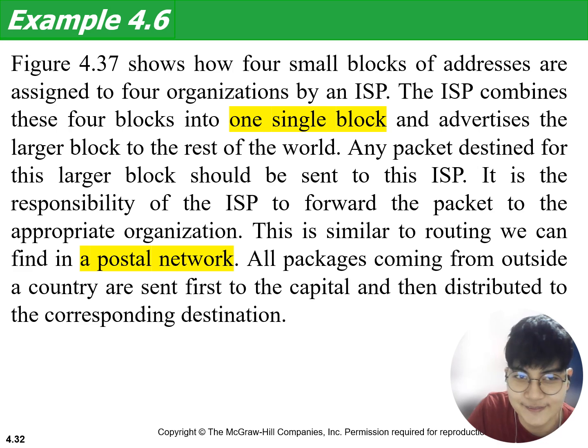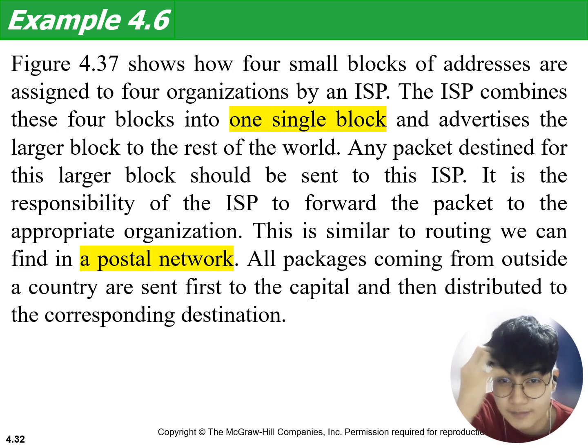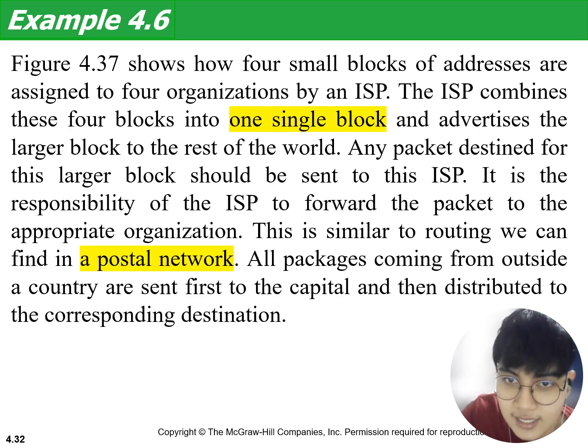Figure 4.37 shows how 4 small blocks of addresses are assigned to 4 organizations by an ISP. The ISP combines these 4 blocks into one single block and advertises the larger block to the rest of the world, and packets destined for this larger block should be sent to this ISP.